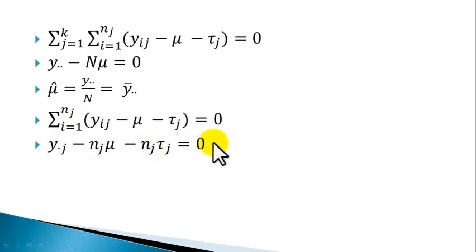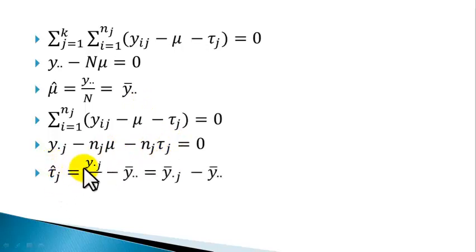Then we equate this to 0. Substituting for mu hat, which is y bar dot dot here, and solving for tau j, we obtain tau j hat equals y dot j all over nj minus y bar dot dot, and this will give us y bar dot j minus y bar dot dot for j going from 1 to k.